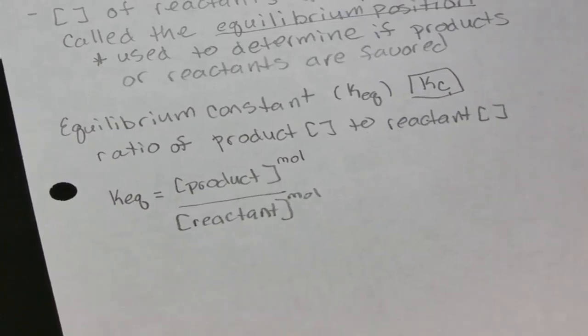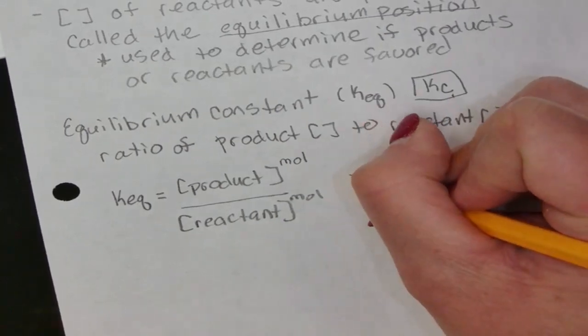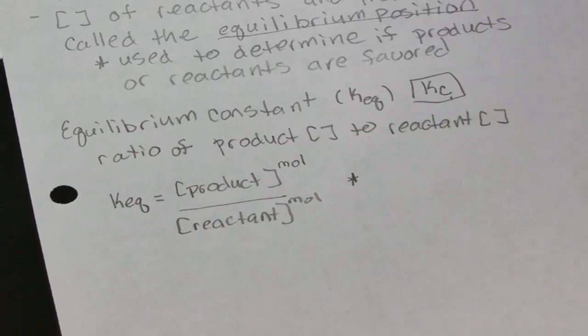Now, when we look at an equation, we have to look at it in terms of only solids, liquids, or gases. Okay, so when we look at an equation, we look at it in terms of, let me start over.